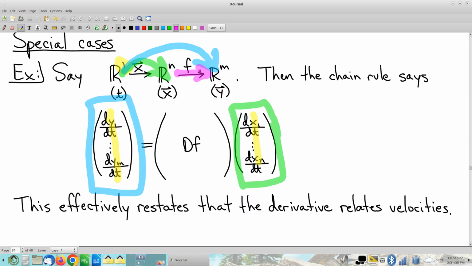And what the chain rule is saying then is that the derivative of the F function is relating the velocity of the input parametric curve to the velocity of the output parametric curve. In fact, what this is saying is something we already knew, that derivative matrices relate input velocities to output velocities. So again, we already knew that.